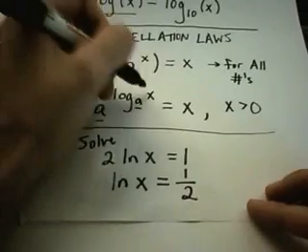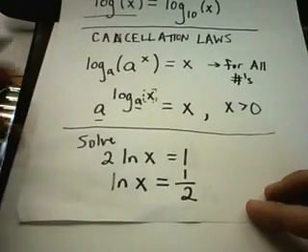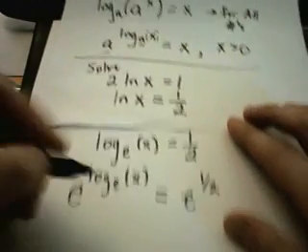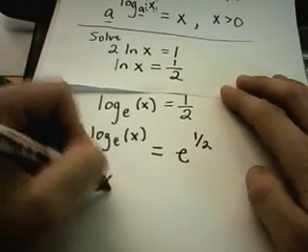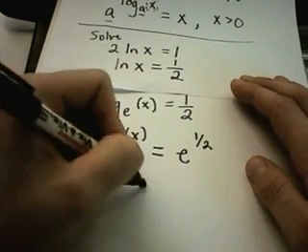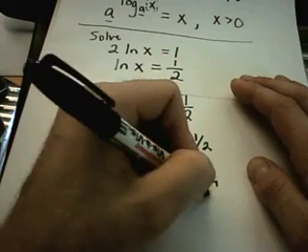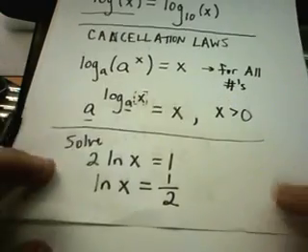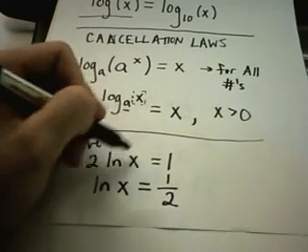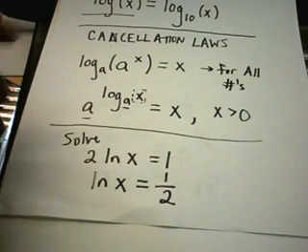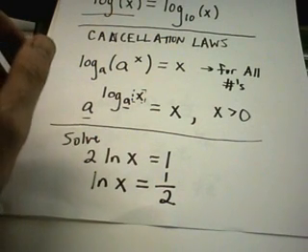And by this cancellation rule, all you're left with is the stuff next to the logarithm. So now I'm left with just x on the left side, and that equals e to the 1/2, which I could also write as square root of e. So square root of e is going to be the solution to this original equation that I started off with.